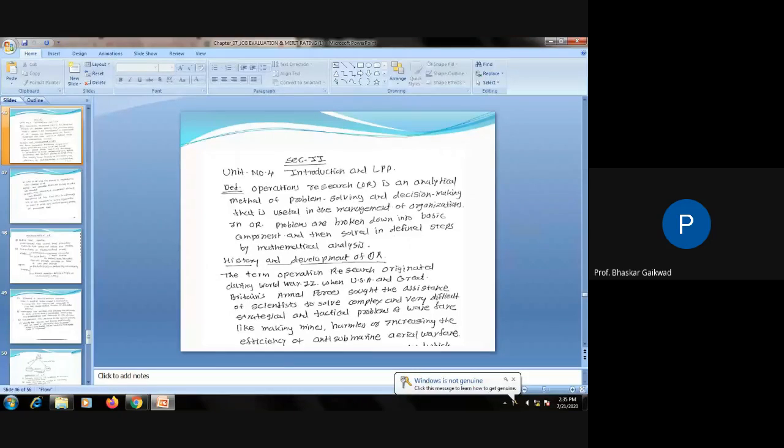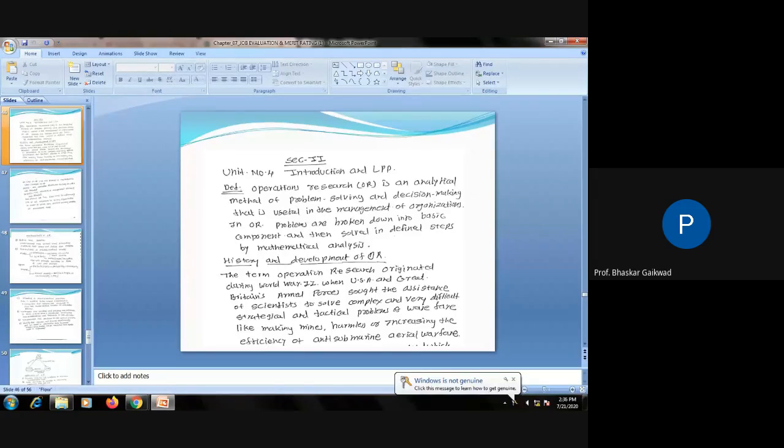Analytical means certain mathematical concepts are used, and once these problems are solved, upper management will take the decision that is useful for the management of the organization. Any problem in industry has to be converted into analytical methods, we find the solution, and after that top management will take the decisions.